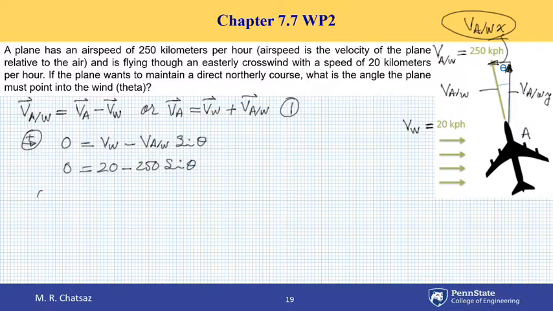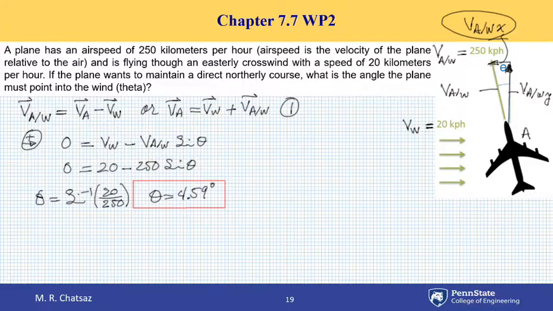So this can be solved for angle theta as inverse sine of 20 over 250, which gives us theta as 4.59 degrees. This is the desired angle for the plane to have an absolute velocity directly to the north.